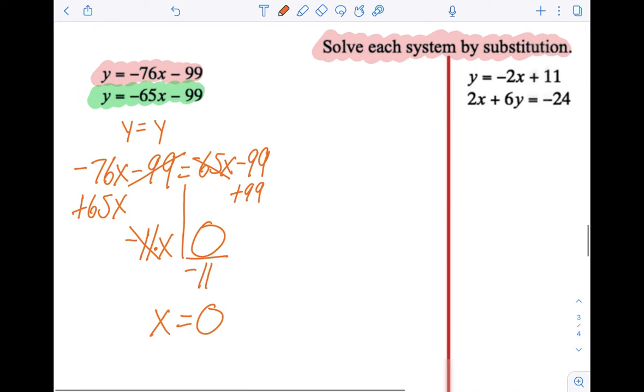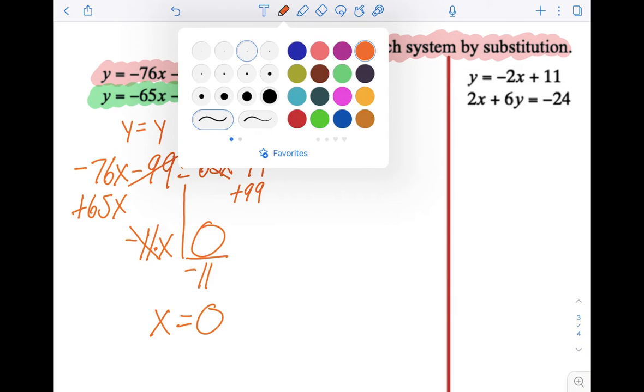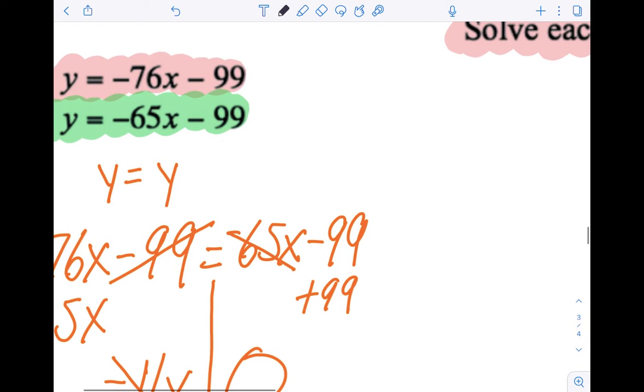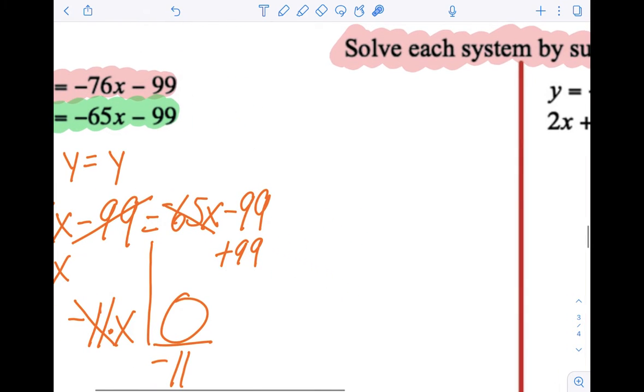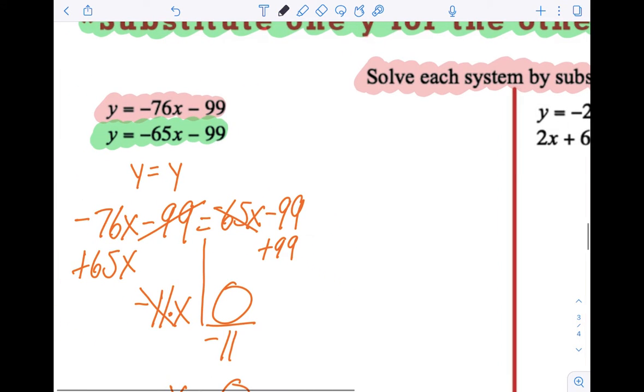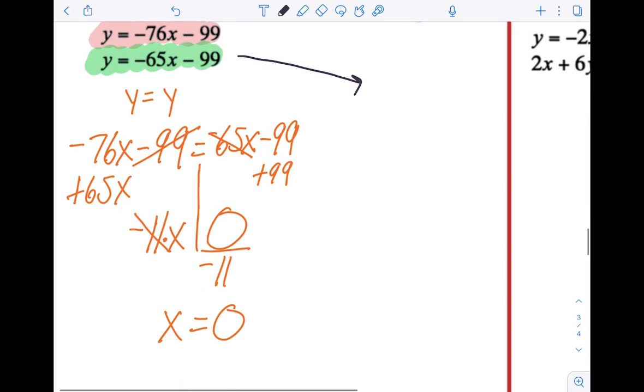Look at that. I found my x, but I need to find my y next, right? I think personally that this bottom green one is the easier of the two equations. So I am going to copy down the green one over, right?